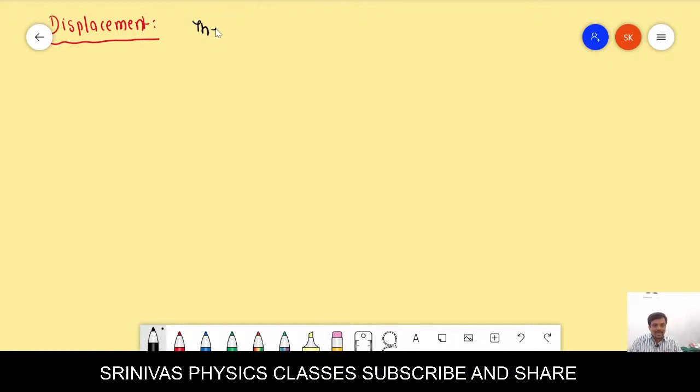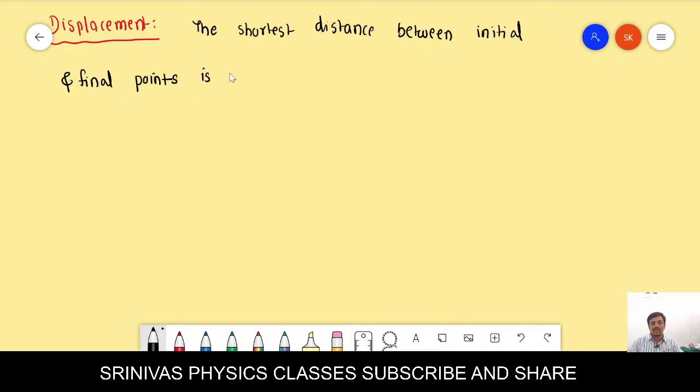It is the shortest distance between initial and final points. The shortest distance between initial and final points is called displacement. This is the definition of displacement.